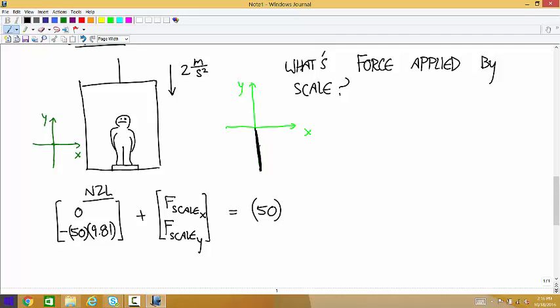So there's the acceleration. And so the components are 0, negative 2.